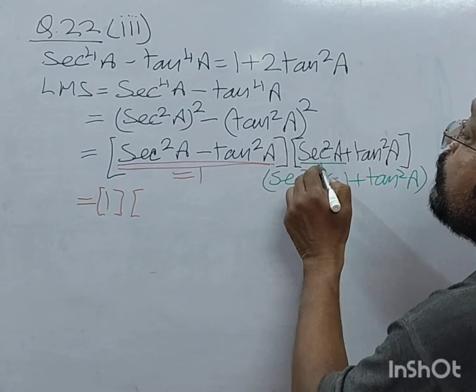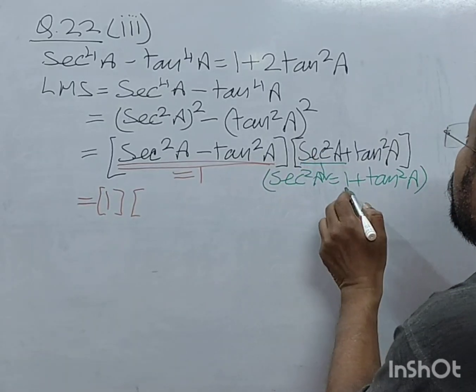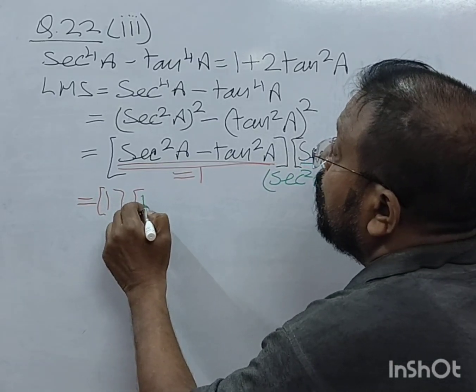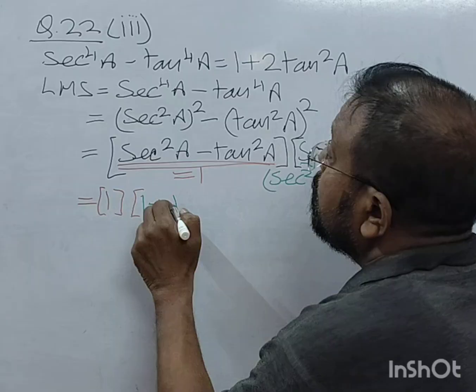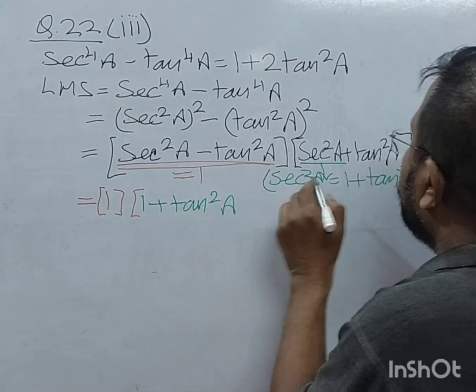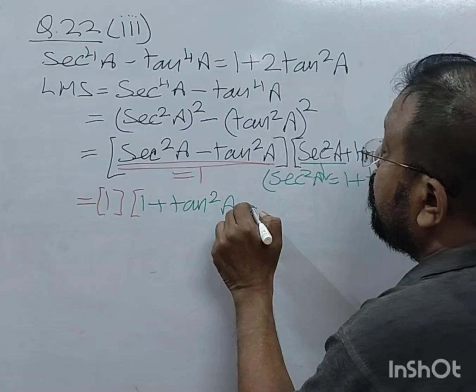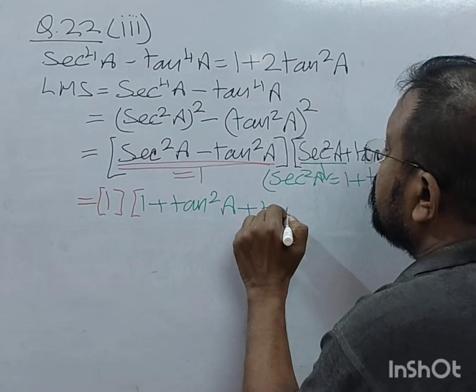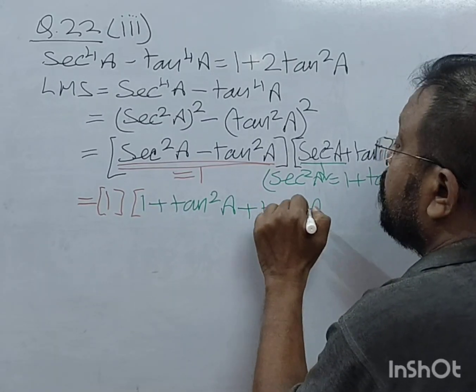So in place of sec square a you will write 1 plus tan square a, plus tan square a.